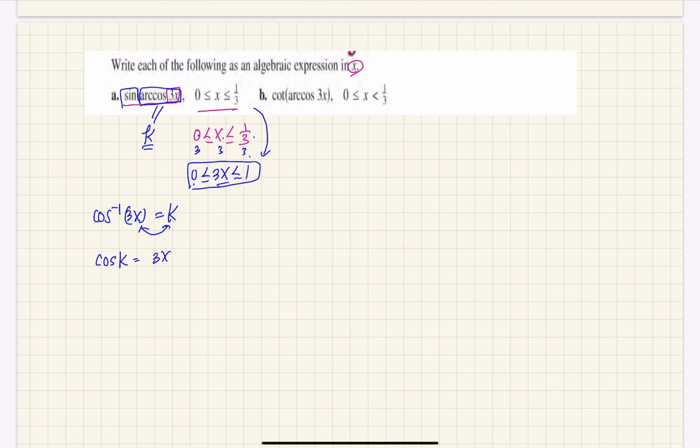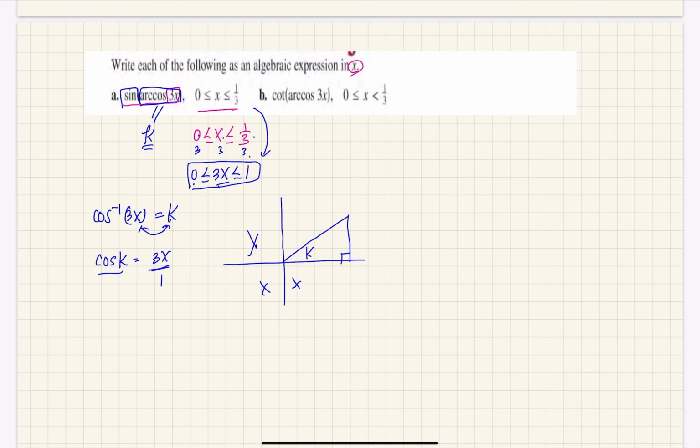And we know that 3x is between 0 and 1, right? So cosine k is positive or 0. Let's use the first quadrant, because in the second quadrant, cosine is negative. But we know that cosine k is positive. Cosine k is 3x, but we can use the ratio from 3x, which is 3x over 1.